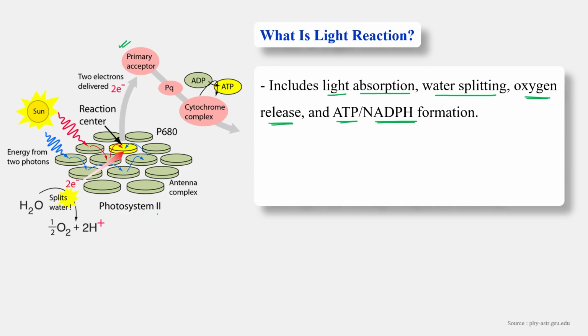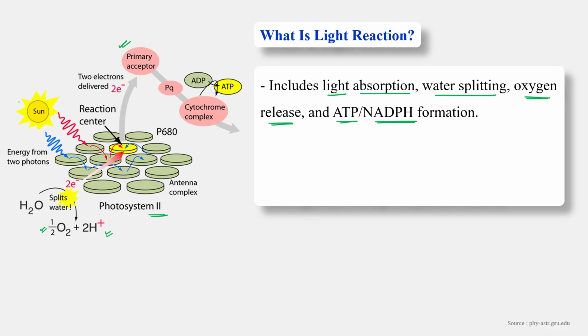This is PS2, photosystem 2, where water is split into oxygen and hydrogen ions. From here electrons jump very quickly, accepted by the primary acceptor, followed by plastoquinone, and so on. In this reaction, formation of ATP and NADPH occurs.